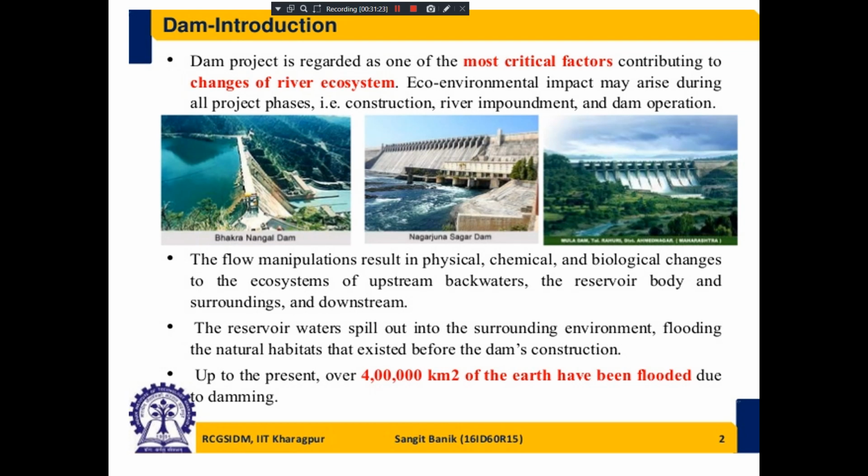This much area has been covered by the dams. I have given you some of the important dams, whichever they may be, Bhakra Nangal or Nagarjuna. How much land has been submerged, and the natural flow of water, I am talking about, has been destroyed because of this.